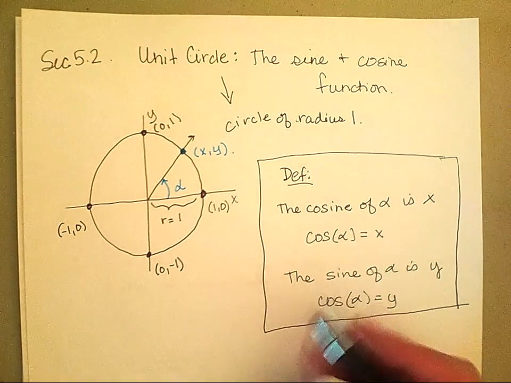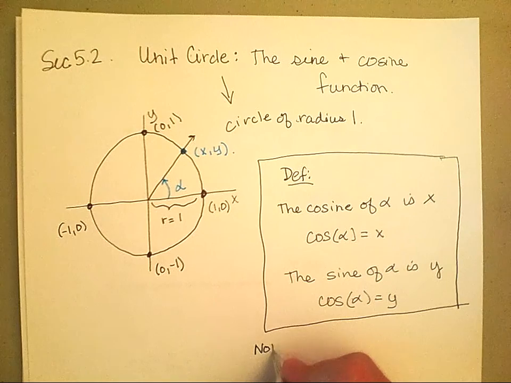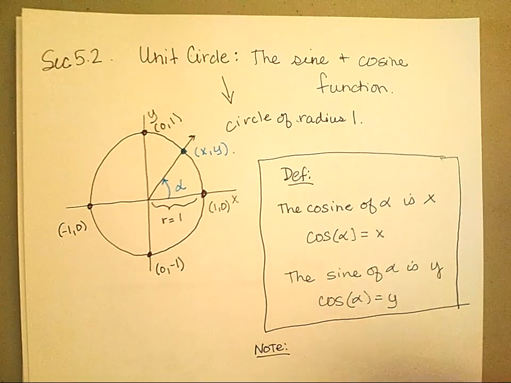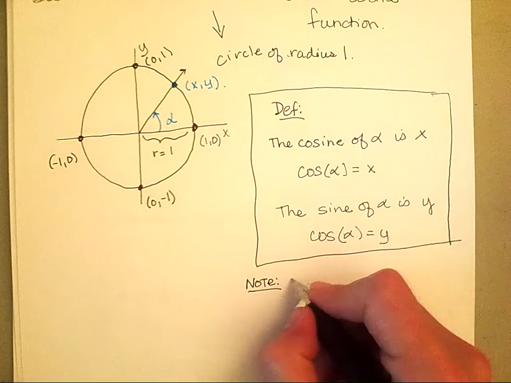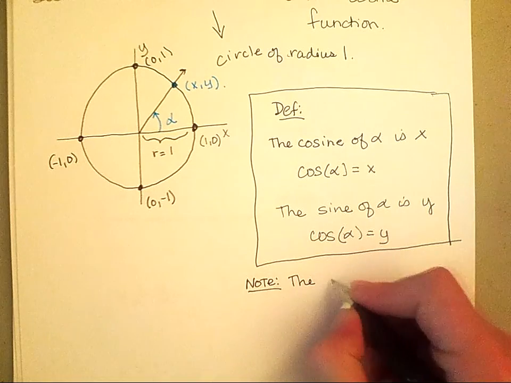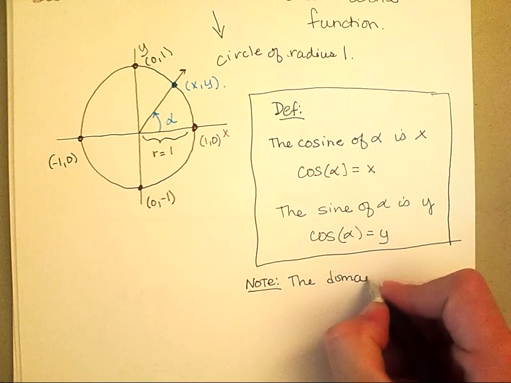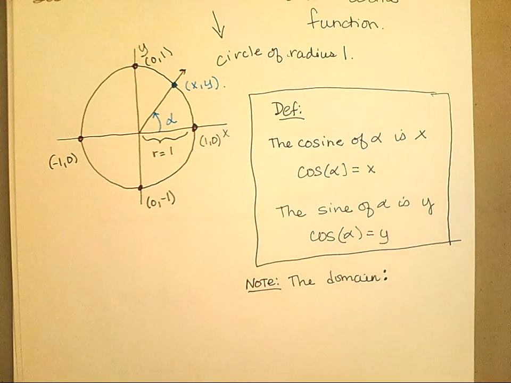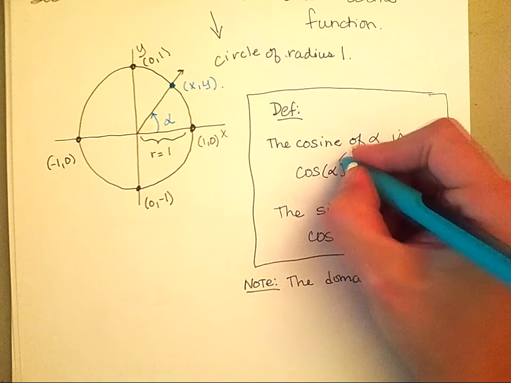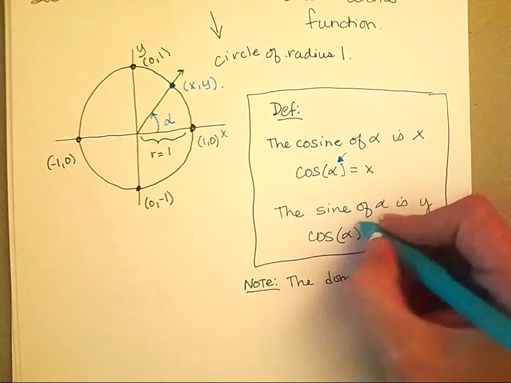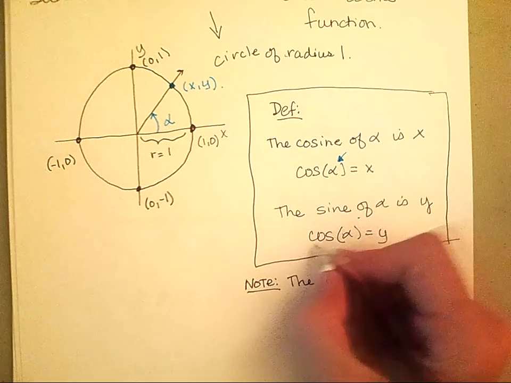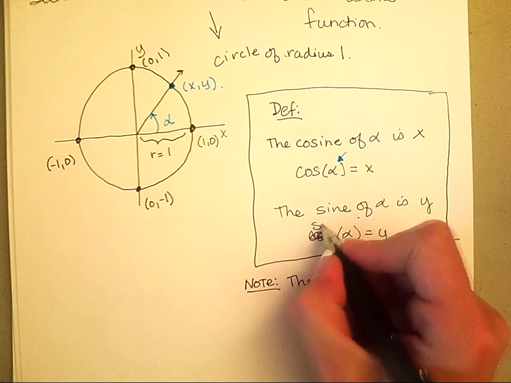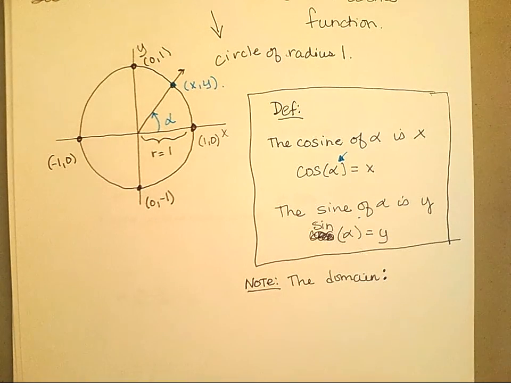And we should probably make this note, okay? So when we're talking about the domain of these functions, what we're talking about is what we're putting into the cosine. Oh, I'm sorry, this should read sine. Sorry, you guys. S-I-N.